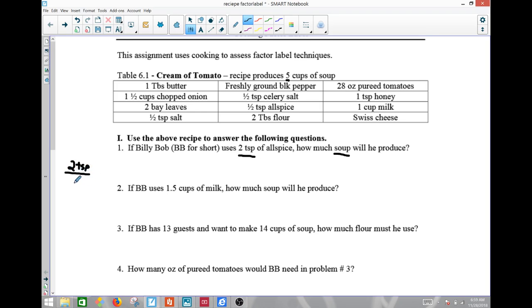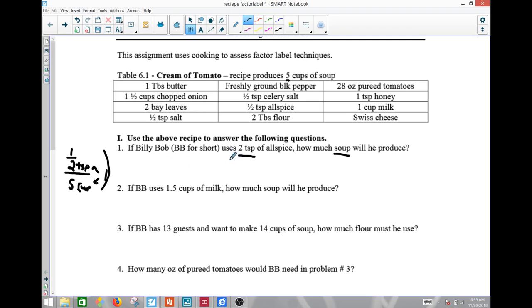It's a half a teaspoon of allspice, and it makes me 5 cups of soup. This is an equivalency that we will see, and there are lots of equivalencies. In an equivalency the numerator equals the denominator, so really it's just 1, a fraction of 1. Either way, before I get started I need to create a mental plan, and this is the part that takes critical thought.